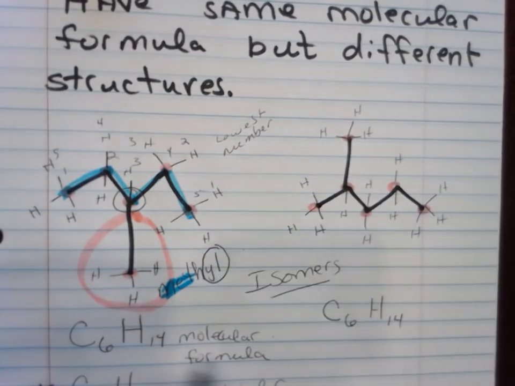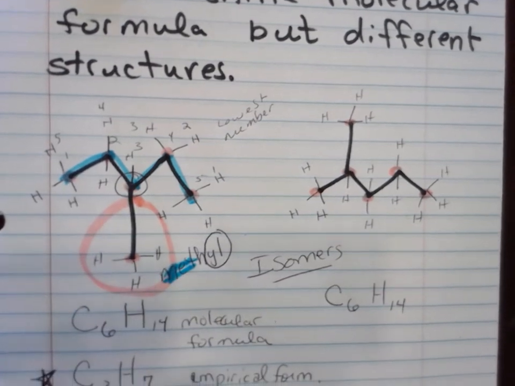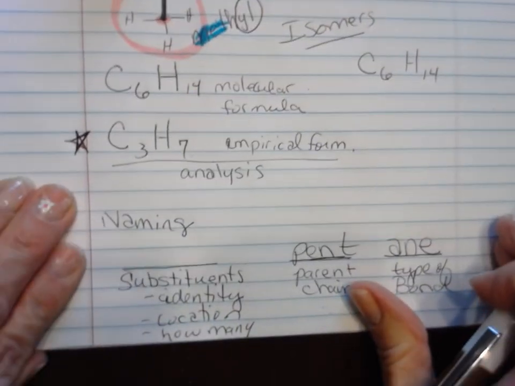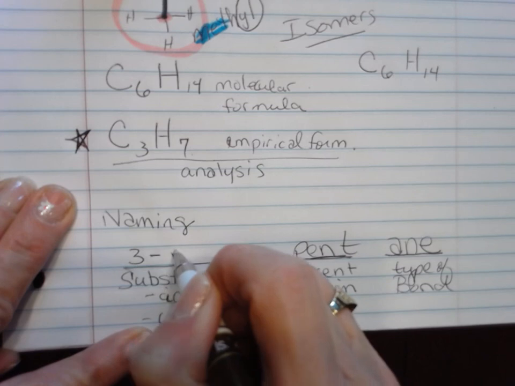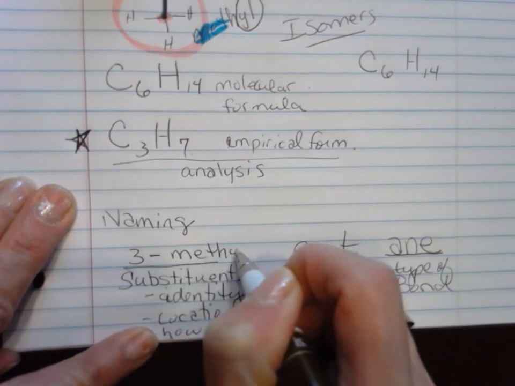So we could name this 1, 2, 3 methyl pentane. Okay, so this would be called 3-methyl pentane.